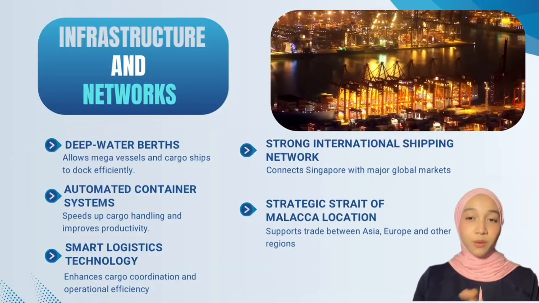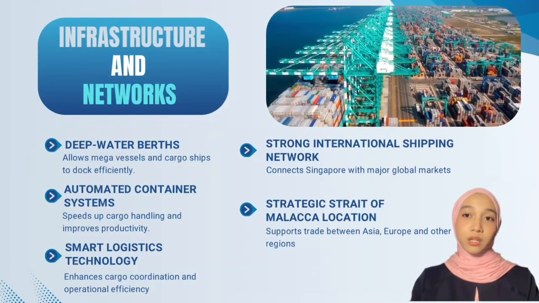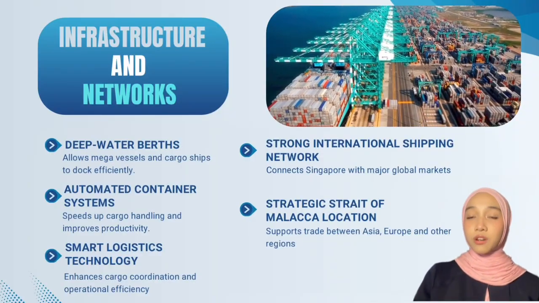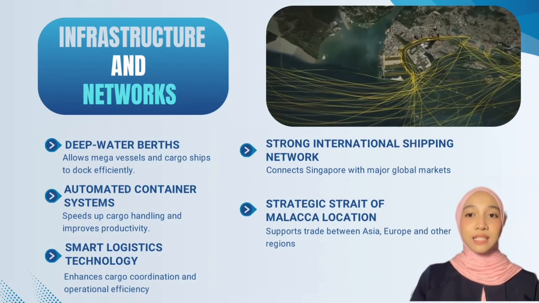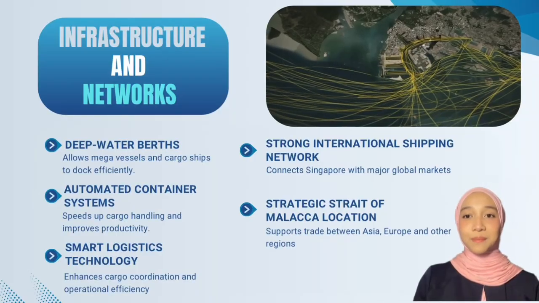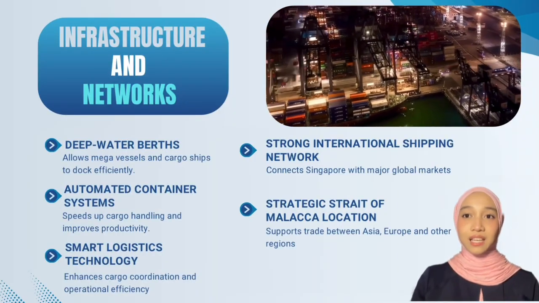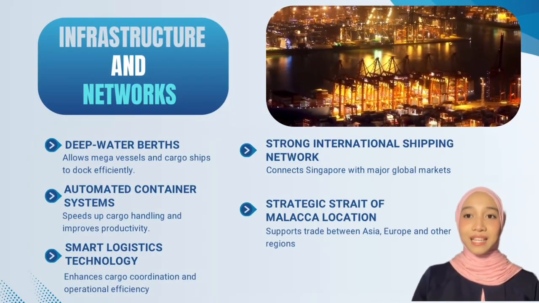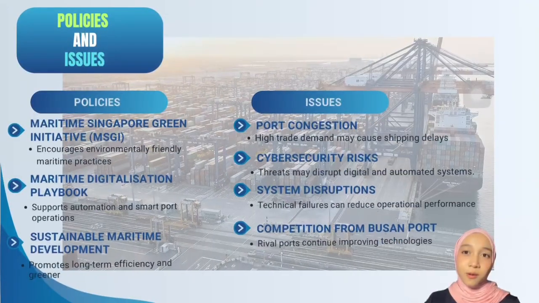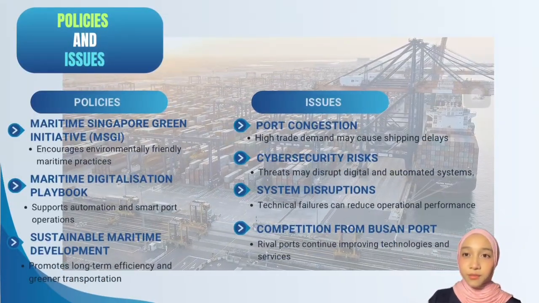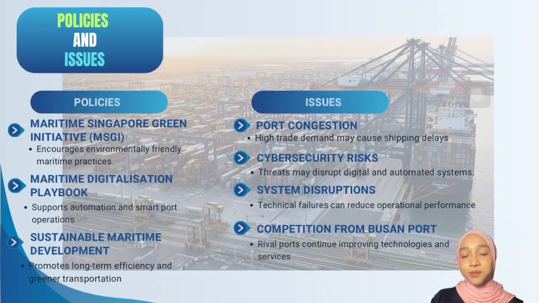In terms of networks, Singapore benefits from its strategic location near the Strait of Malacca, one of the busiest shipping routes in the world. This location helps Singapore connect major global markets such as Asia and Europe, making it an important international maritime hub.